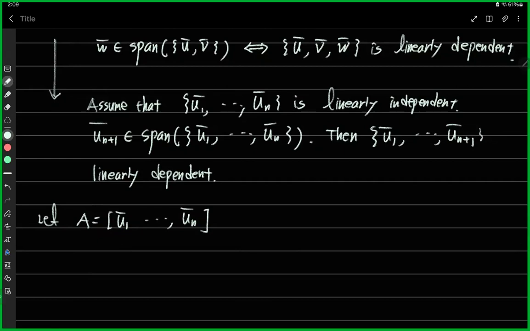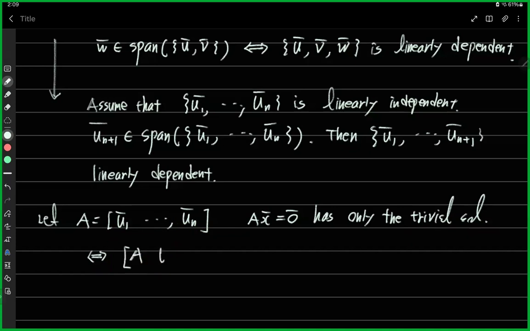Then Ax equals the zero vector, a homogeneous system with only the trivial solution, means that u1 through un are linearly independent, if and only if what? A and the other vector u(n+1), so we add one more column, u(n+1), into matrix A.